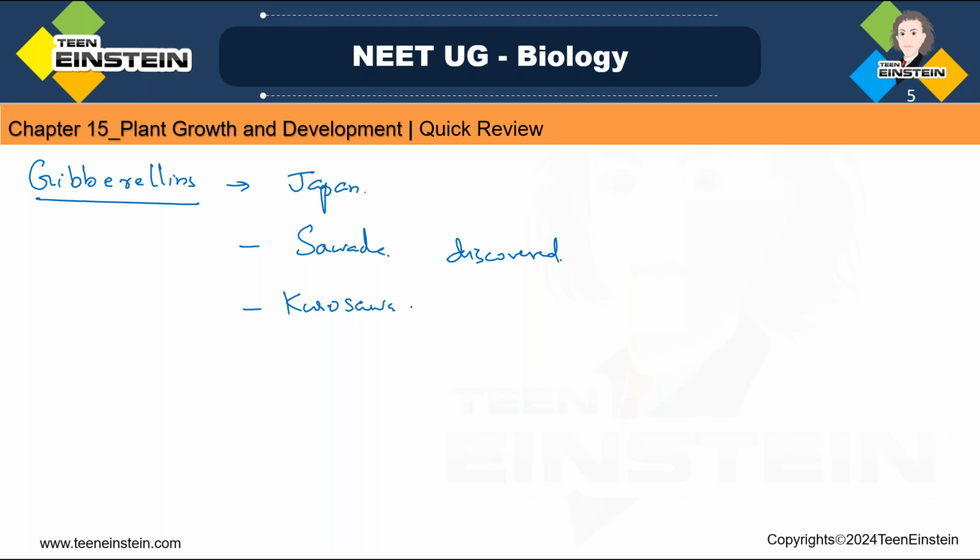They introduced these symptoms in a healthy seedling by applying the extracts from the fungus. And Yabuta and Sumiki isolated and crystallized the substance and gave it the name gibberellic acid.